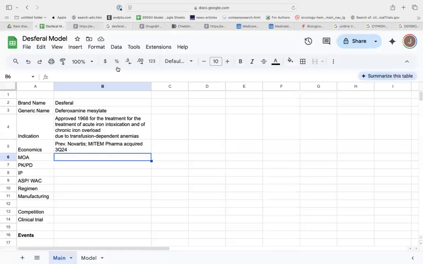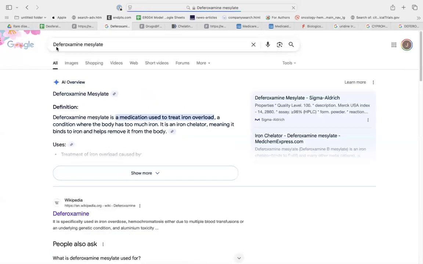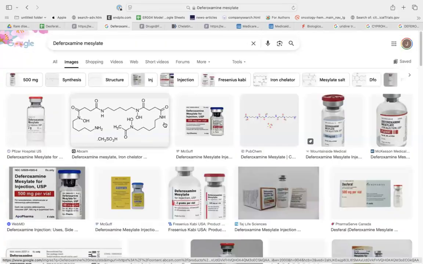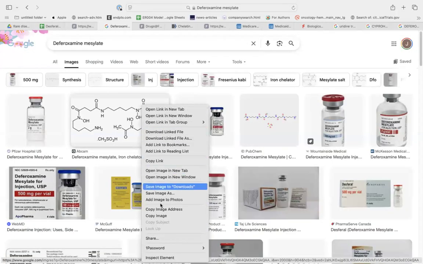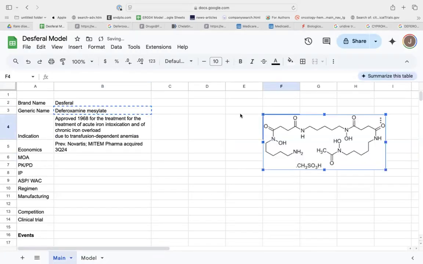And another fun thing you could do is insert an image of the molecule that you're trying to model here, because once you've modeled a bunch of drugs, there are a lot of takeaways you can get from just looking at the chemical structures.